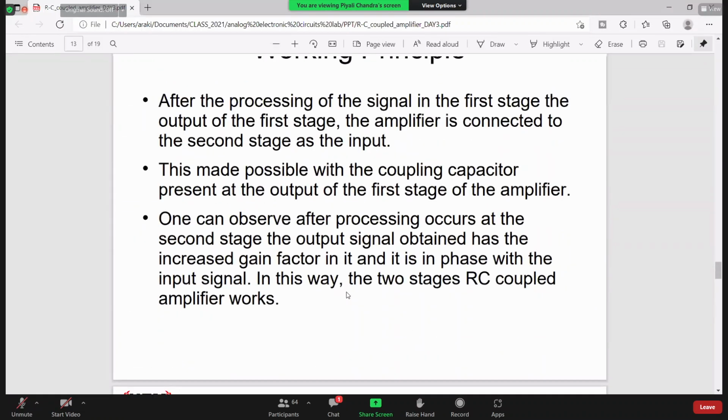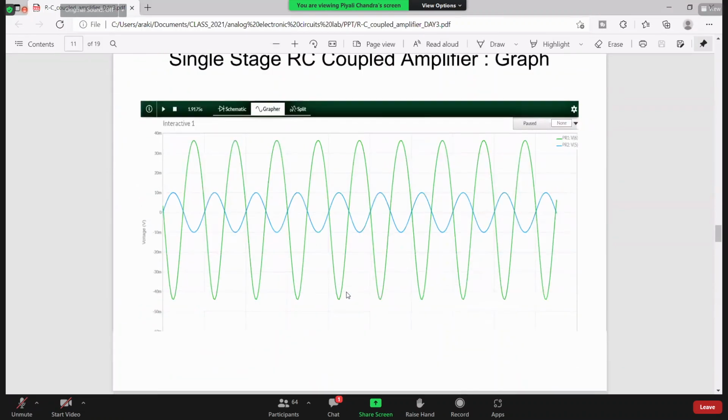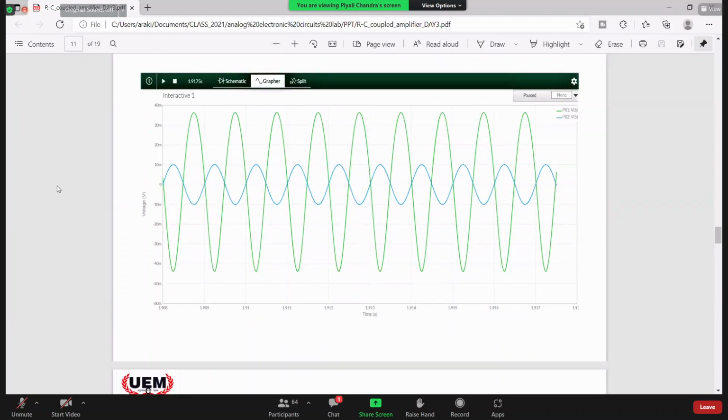So if you come to this graph, one-stage amplifier, you can see that the blue line is our input and the green line is our output, right? So when we give this as an input, it will produce this output where the signal is amplified.